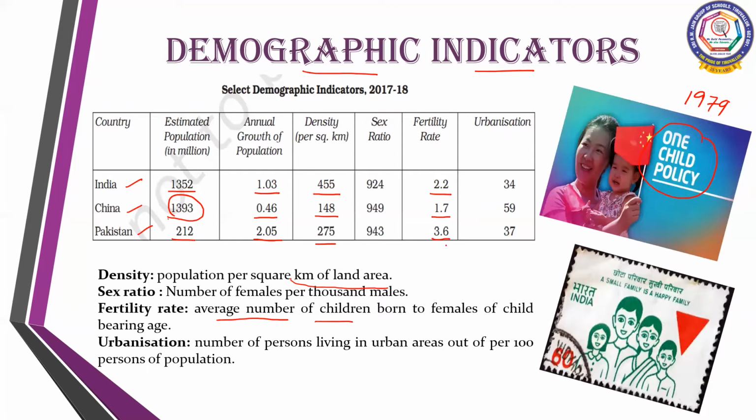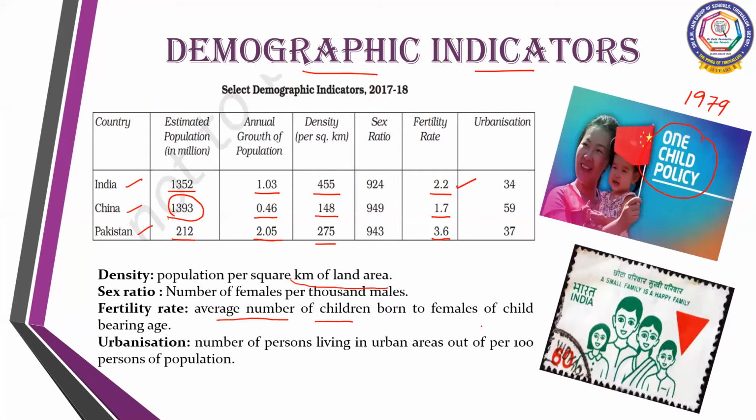The fertility rate in Pakistan is 3.6, the highest compared to the three countries, because there is no state policy as such in Pakistan on family planning. India's is 2.2 because India follows family planning policies.